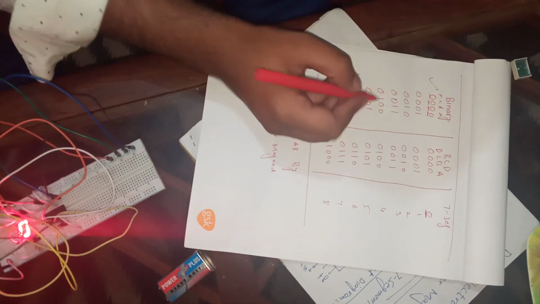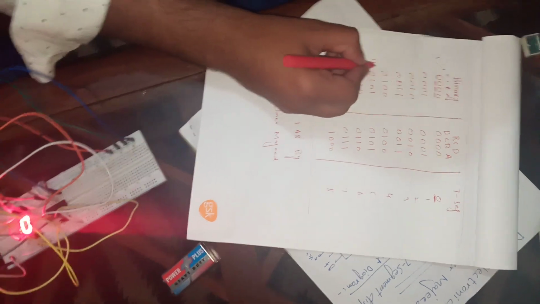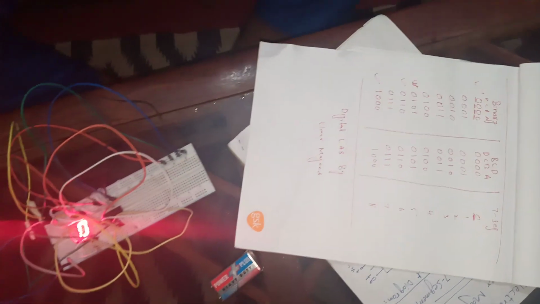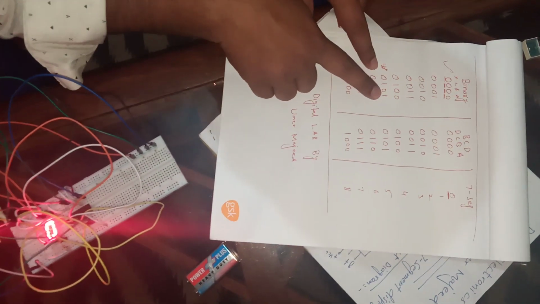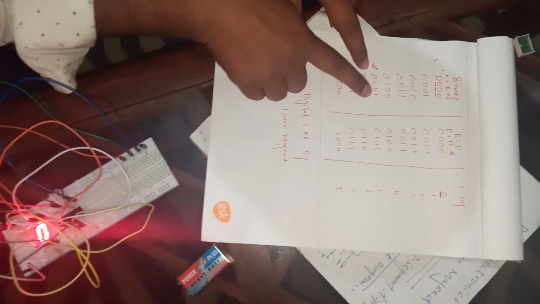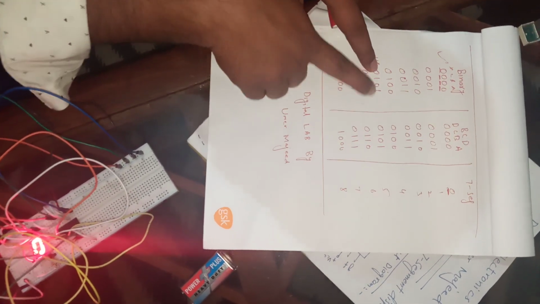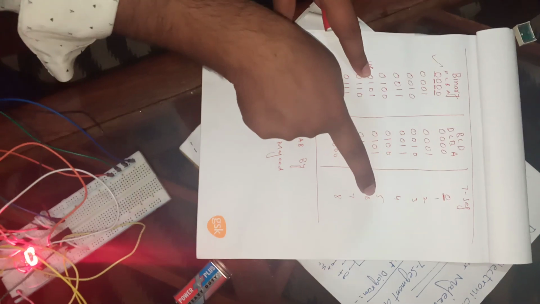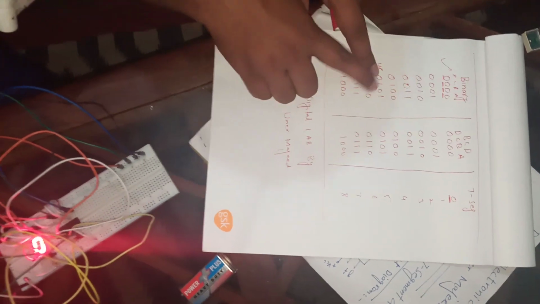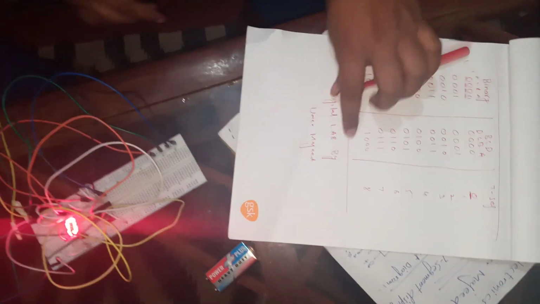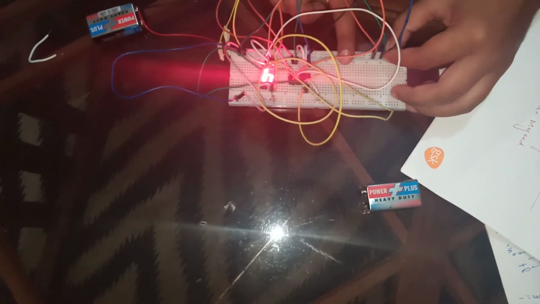Now we test this. Here A is at positive potential and C is at positive potential. There should be 5 on the 7 segment. Here is your C at positive potential.